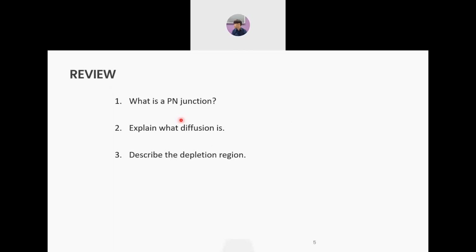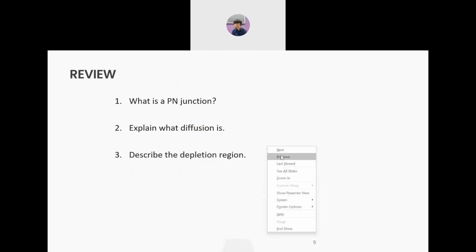So explain what is diffusion. Diffusion is the movement of electron filling the p region and the hole filling the n region. So describe the depletion region. We can ask you what is your understanding, how you define it in your own words. Don't memorize, try to understand.